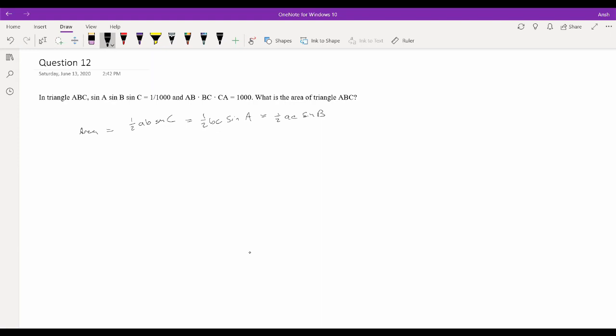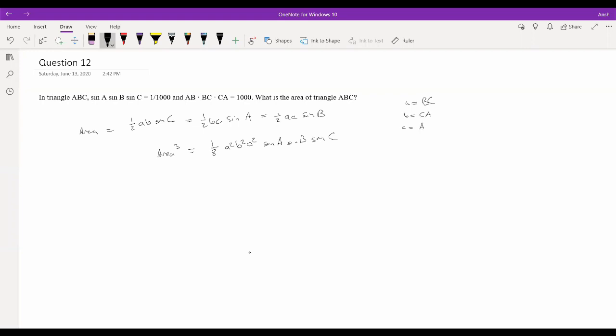So if we took the product of all 3 of these, you get that the area cubed is equal to first 1/8, since all the 1/2s. Then you get a squared, b squared, c squared, times sine A, sine B, sine C. In case we didn't clarify earlier, the uncapitalized a refers to side BC, the uncapitalized b refers to side CA, and so on.